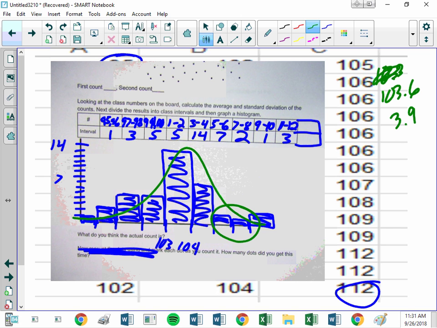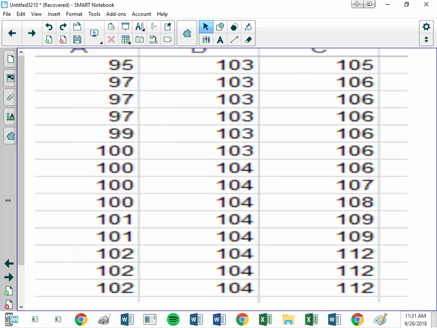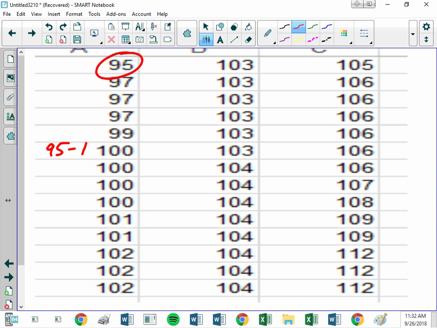Okay, second to last question. Are there any values that are so far from the average that you don't think they should be counted? Well, we had one that was right here. We had 95. What is the z-score for that? Well, 95 minus 103.6 is going to be negative 8.6.